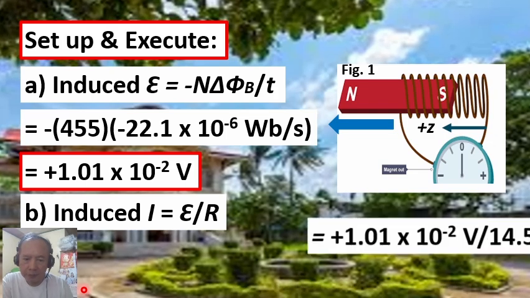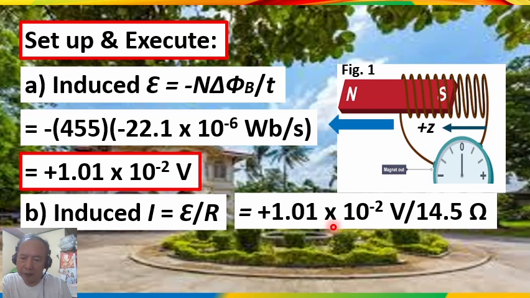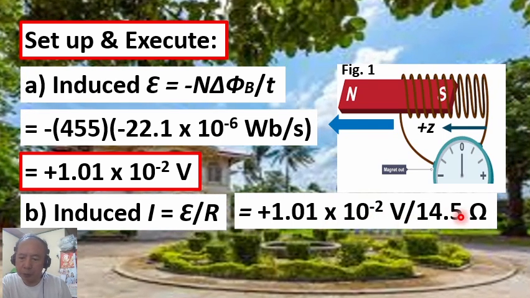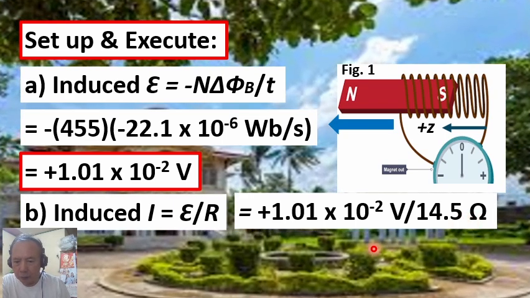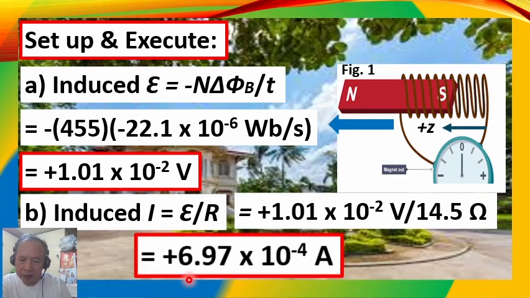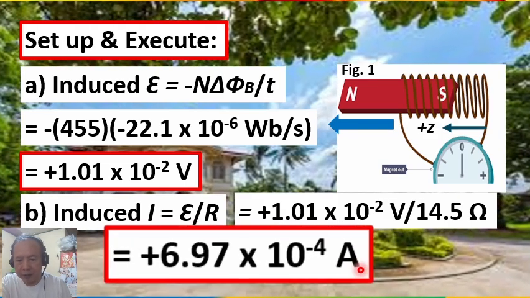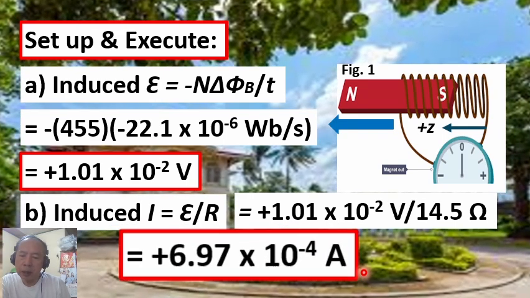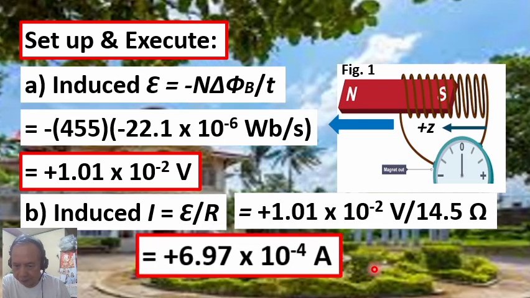That is, the induced current is equal to positive 1.01 × 10^-2 volts, that's the induced EMF, divided by 14.5 ohms, which is the resistance of the wire. And that gives us an induced current equal to positive 6.97 × 10^-4 ampere, which is also equal to 0.697 milliampere.